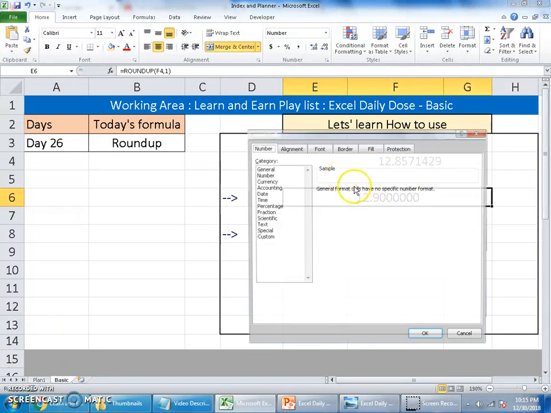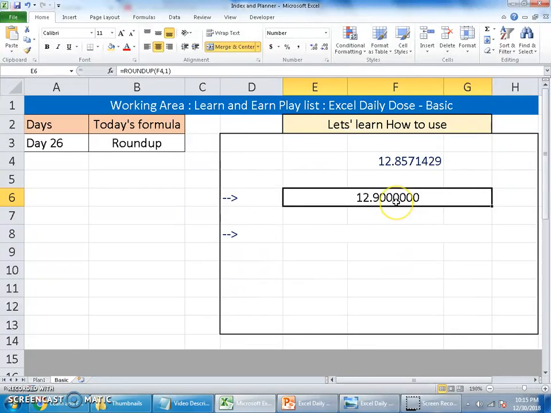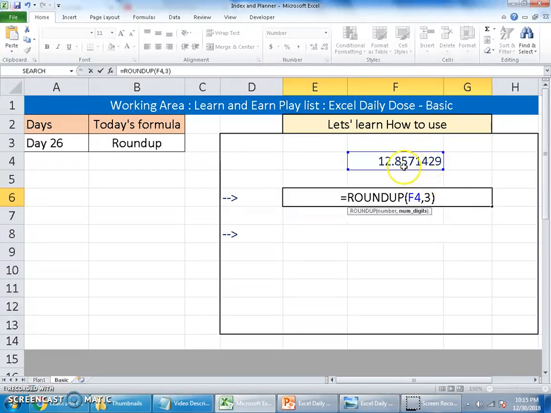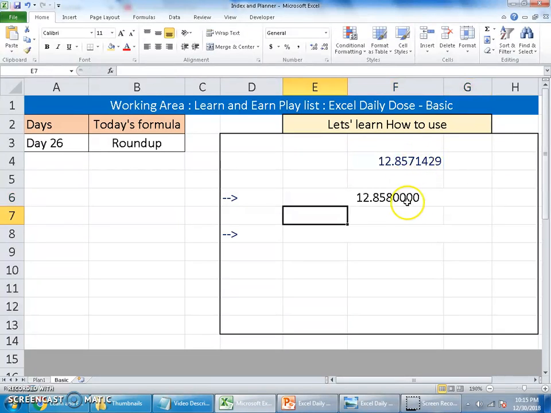So if I say that I would like to round up the third character, which is 857, it will move it to 858. So you may ask me, 857, after 7 is 1, so it shouldn't be rounding to 8, it should be 7.